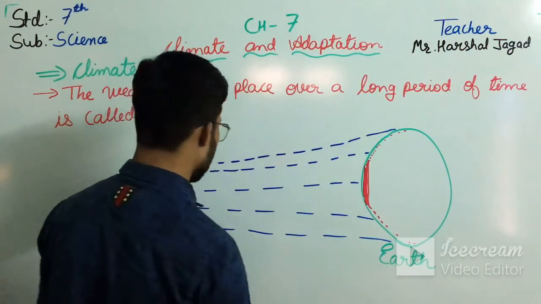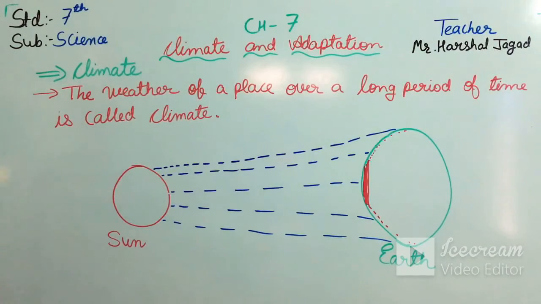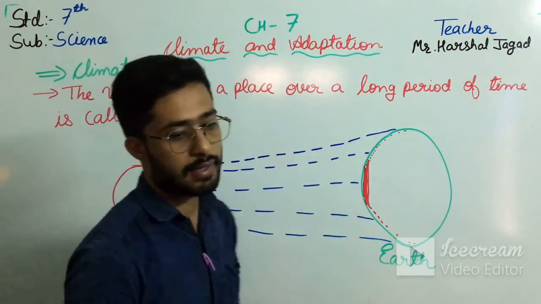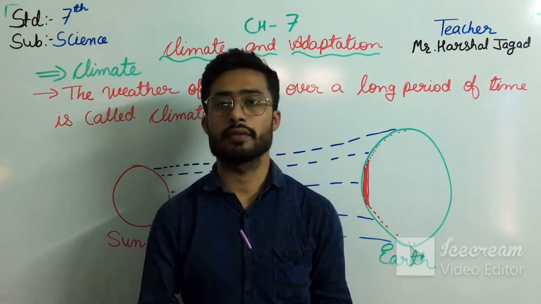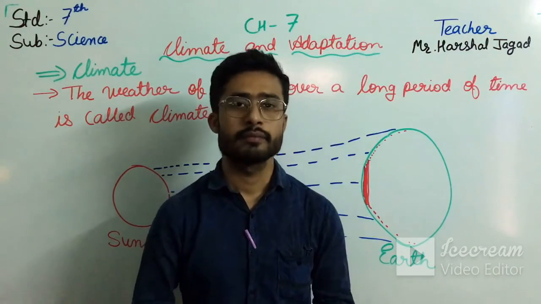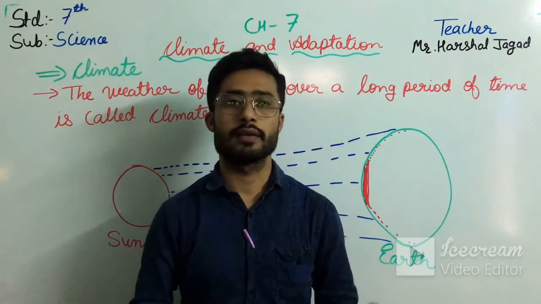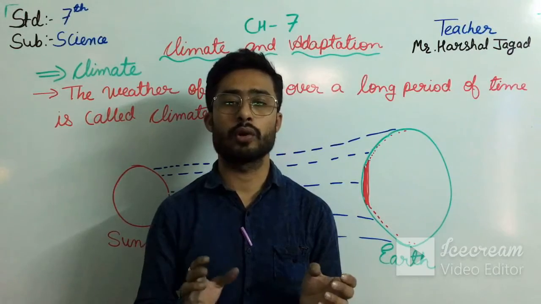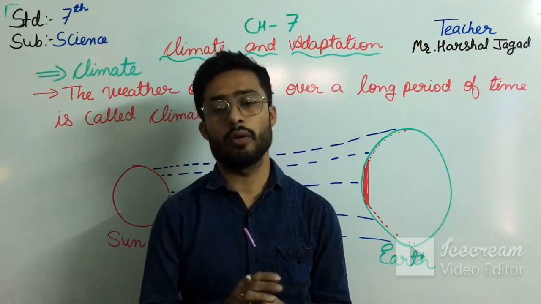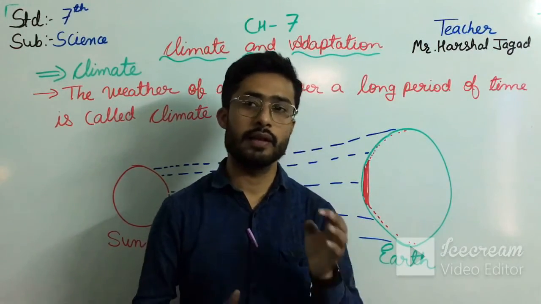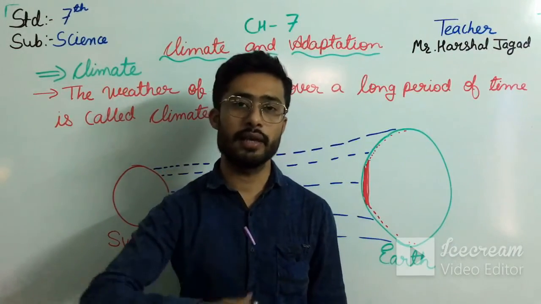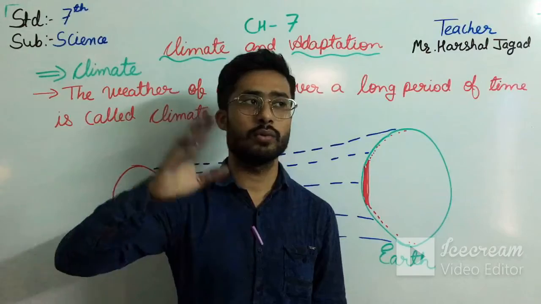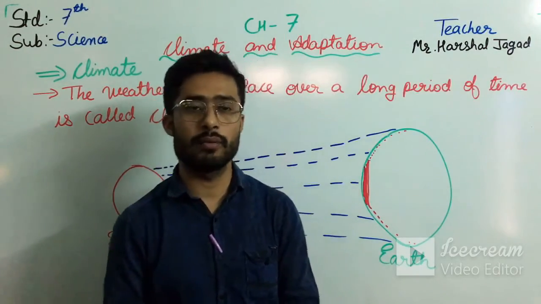Okay, students, now moving forward to the atmosphere of the earth. As I have said, there are 5 layers of the atmosphere: troposphere, ionosphere, mesosphere and others. Okay, so there are different layers, but of all the mass in the atmosphere, the most is in the troposphere, which is the lowest layer, up to 16 kilometers.